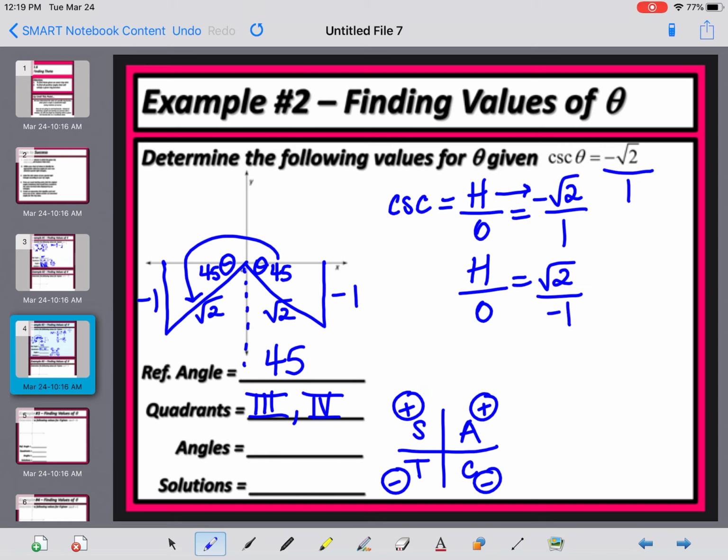So my first angle here is 225. And then my second rotation is 45 degrees short of 360, so 360 minus 45 is 315. We take our two angles and we give our solutions.